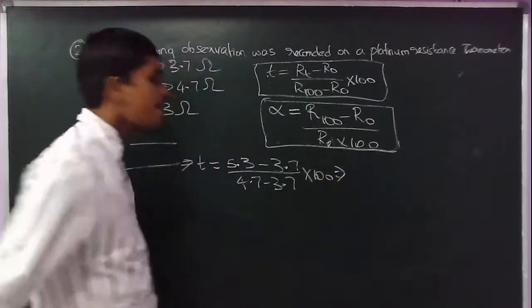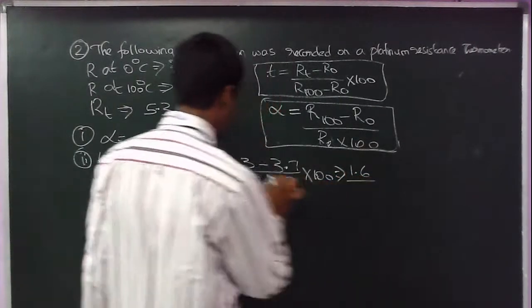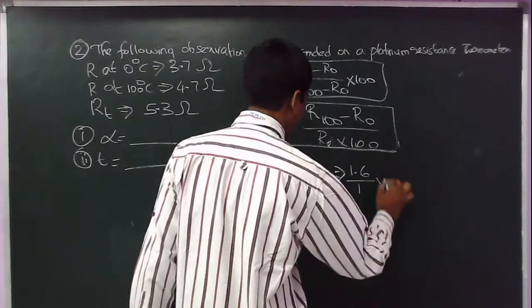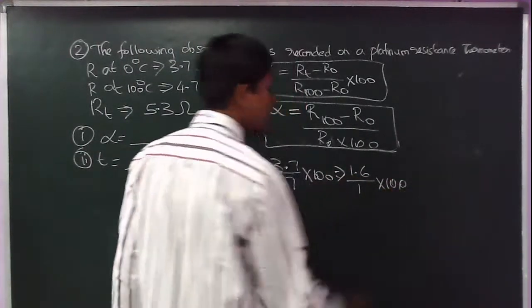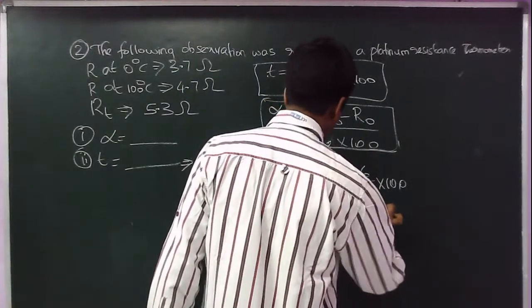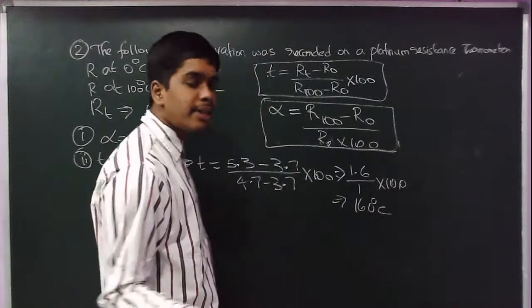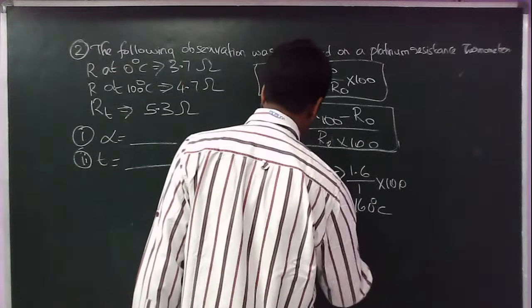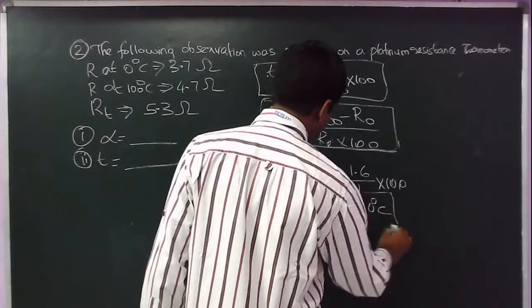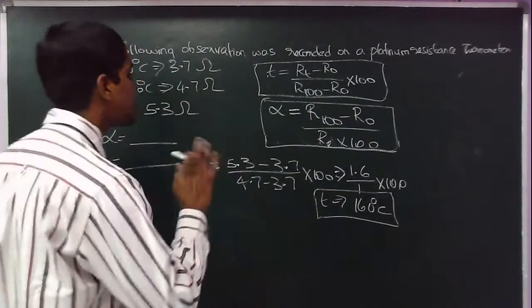Now it will become 1.6 upon 1 into 100. So it will become 160 degrees Celsius. So we have got the temperature. I hope you got the temperature as 160 degrees.